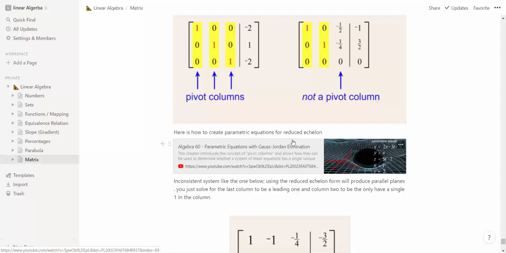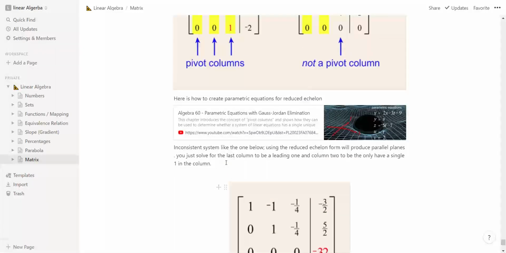So when you have inconsistent solutions, you're basically converting the planes to parallel planes, and you will end up having an inconsistent solution. But again, it's one way to solve the equations. So that was the last thing we've seen.